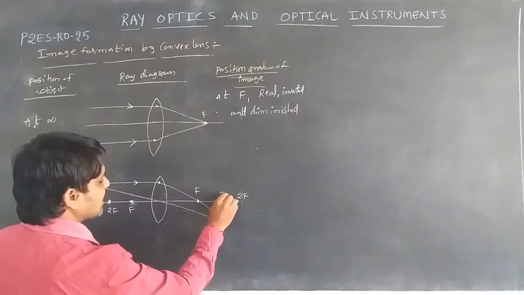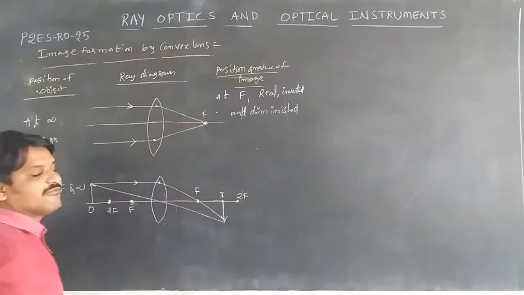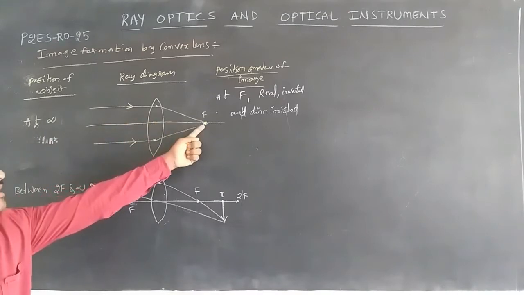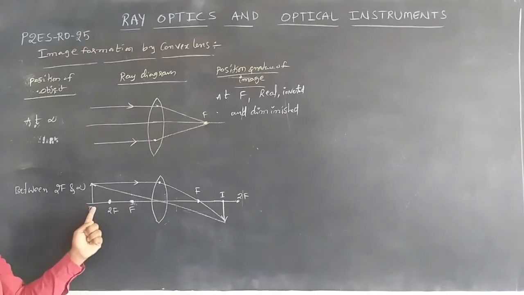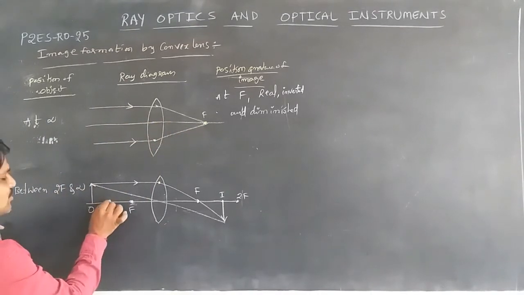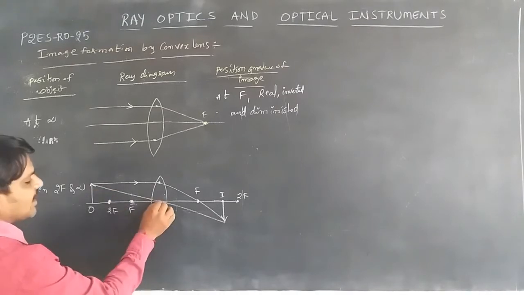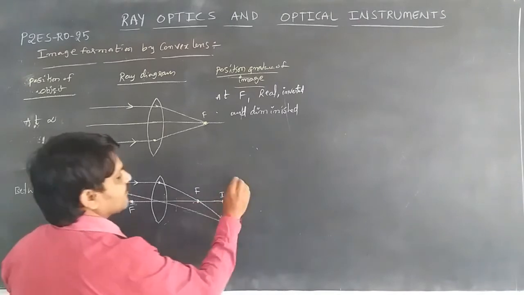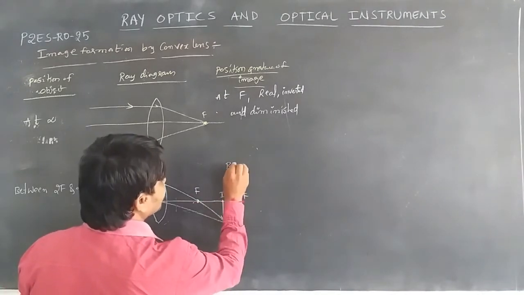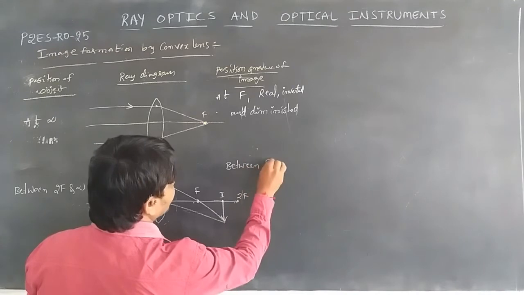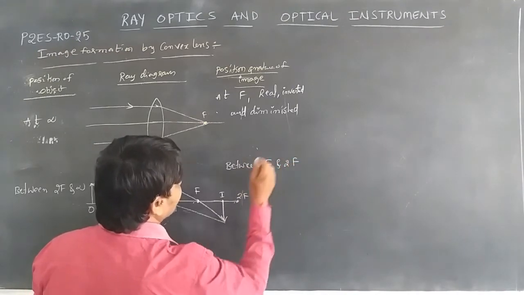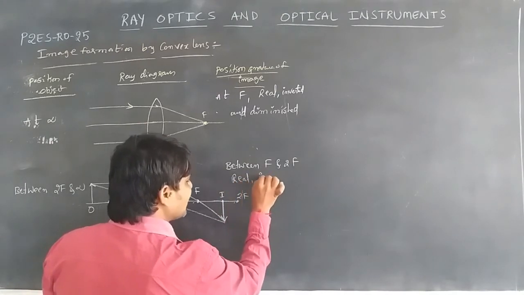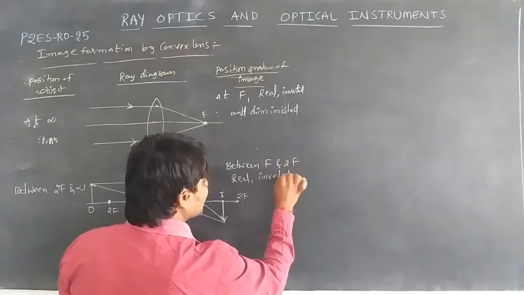Then the image is formed at this position I. When the object is at infinity the image is formed at f. Between 2f and infinity, the image is formed between f and 2f, and the image is real and inverted.